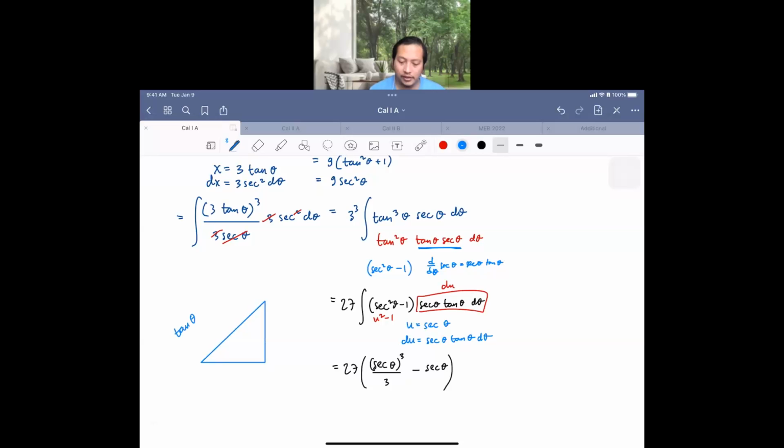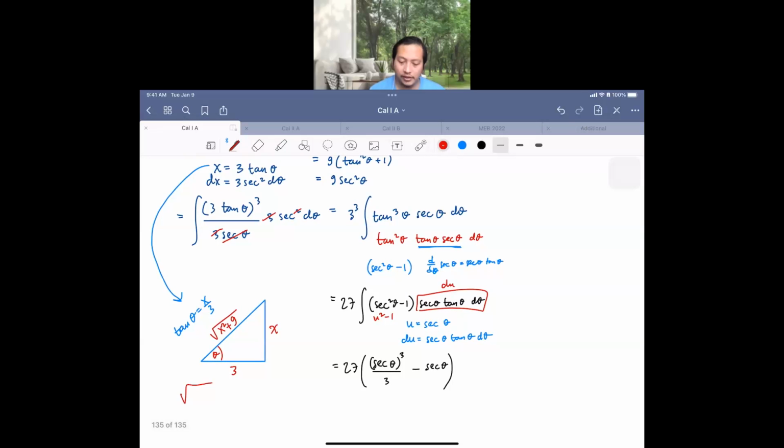So we could have tangent theta is x over 3 from here. So theta is there. So x and 3, and this will be square root of x squared plus 9. And secant will be square root of x squared plus 9 over 3.